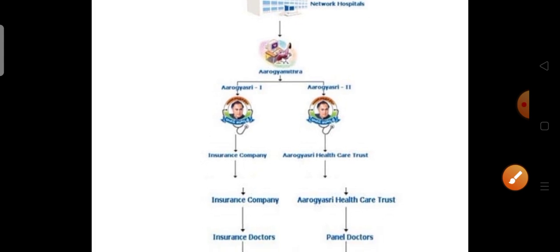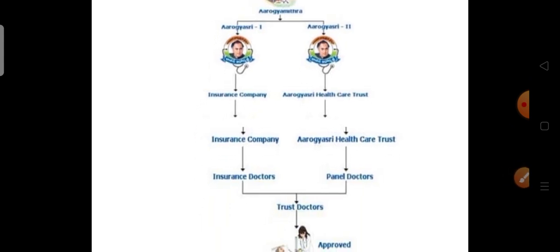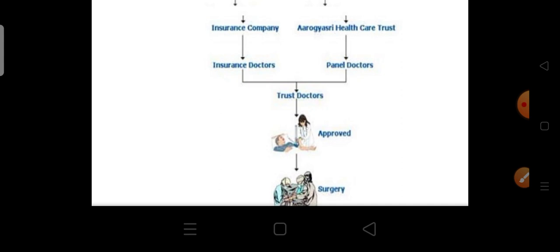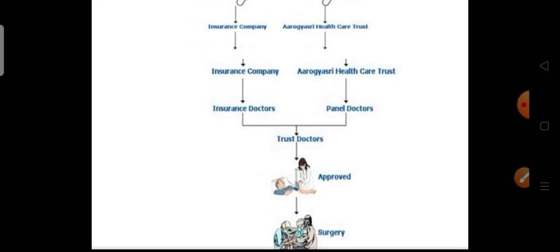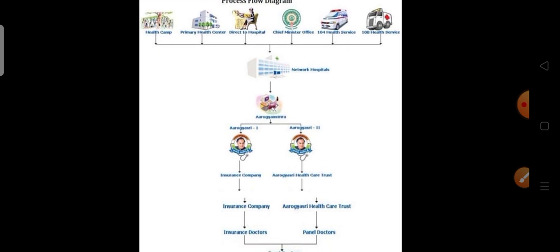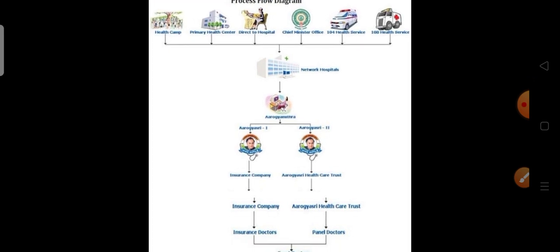Arogyasri 2, Arogyasri insurance company, insurance doctors, Arogyasri Healthcare Trust, and the trust's panel doctors, a group of members, I think 6 to 8 members. Trust doctors will assess the condition, then they approve, and after approving they do the surgery. This is the flow chart. Health camps and primary health centers have contact with network hospitals.